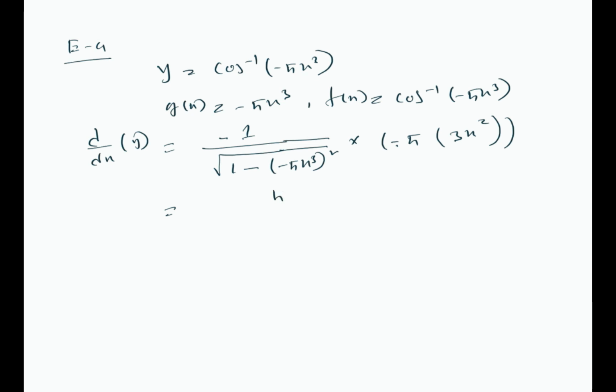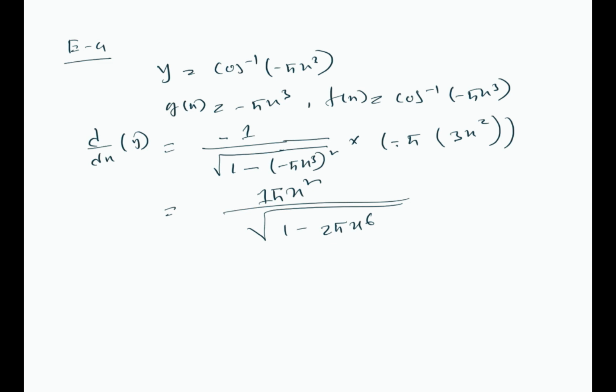So 5 times 3, which is 15. 15x to the power 2 divided by the square root of 1 minus 5 to the power 2, which is, sorry, it is 25, and x to the power 3 times 2 is 6. So this is our final answer for this question.